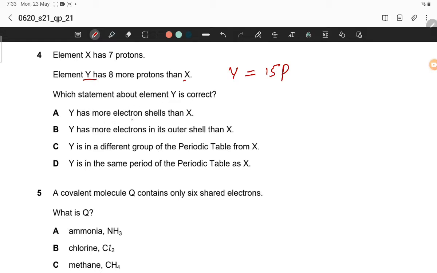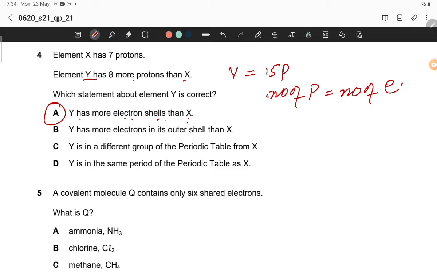Y has more electron shells than X. Yes, Y has more electron shells because it has 8 more protons than X. The number of protons is equal to the number of electrons. So Y has more electron shells than X.